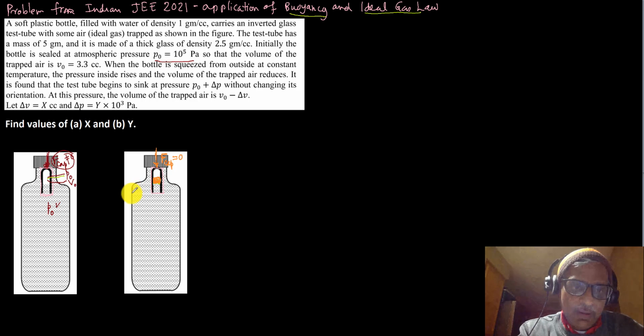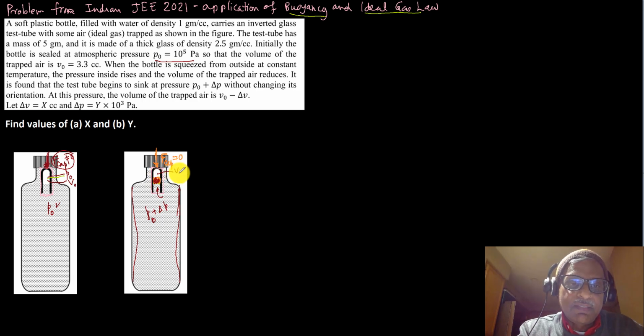If you squeeze the bottle, it will change the shape, and the pressure developed will be delta P, so P0 plus delta P, and some water gets squeezed in, and so there is additional water here.